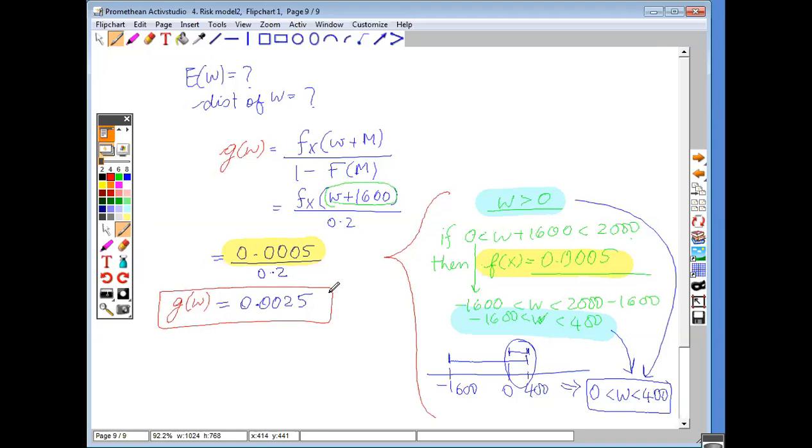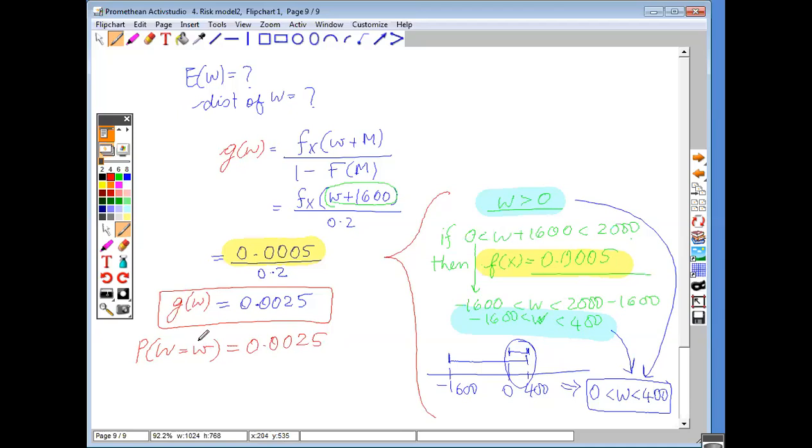So now we know that my g of w, which I've just written as g for the sake of being clear, is basically saying that the probability that your w takes the value small w is always going to be 0.025, right? So what does this say to you about w?